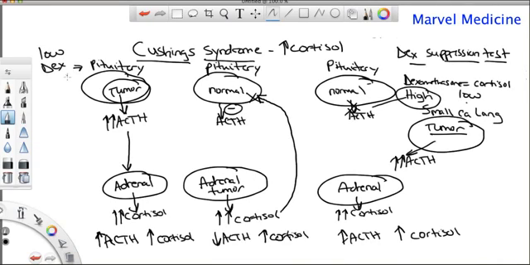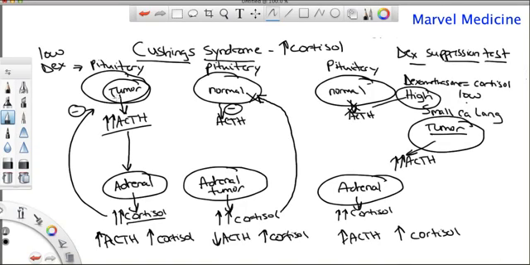What would happen? Nothing, okay? Their body is so used to producing ACTH and cortisol that this cortisol going back, yeah, it's trying to cause some type of negative feedback, but this tumor doesn't really care.